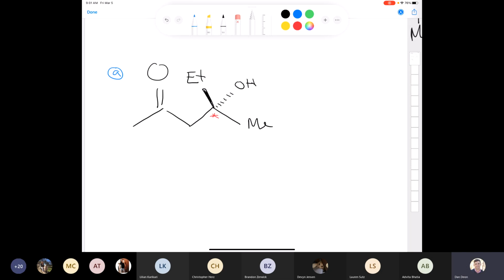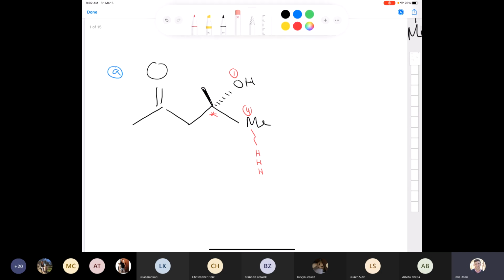Okay, if we look at that stereo center, our highest priority group is going to be the oxygen, isn't it? Right? Now, if I make a laundry list, this carbon in my methyl group is attached to hydrogen, hydrogen, hydrogen. You probably guessed that that's going to be the lowest priority, right? If you look at what an ethyl group is, and I know you all know what an ethyl group is, we have CH2, CH3.